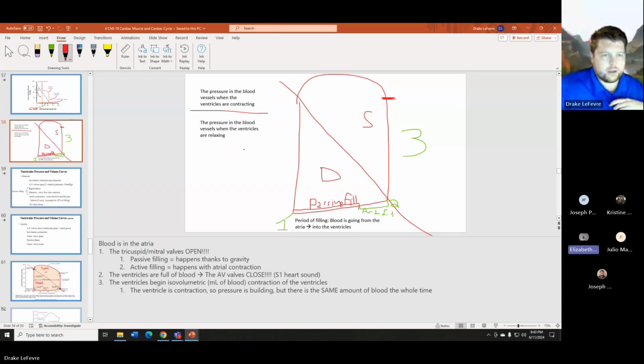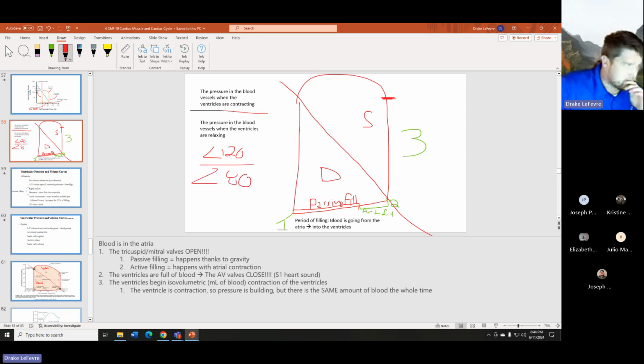120/80. Yeah, depending on what Dr. Tate uses, about 5, 6, 7 years ago, something like that, a new chart came out. The technical new normal is less than 120 over less than 80. 120 over 80 is considered normal, though.